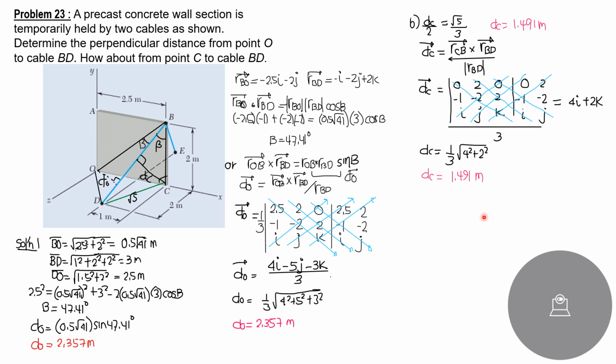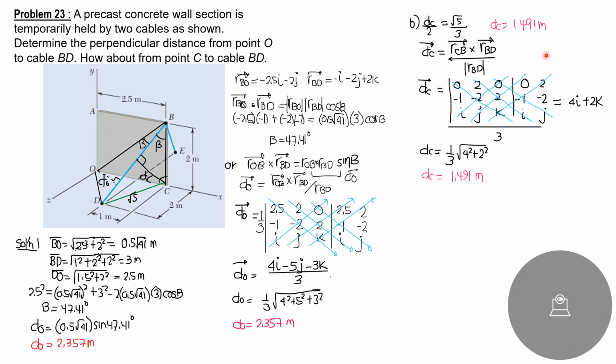And another way is we have to apply the cross product again. That is, we cross RCB with BD. Then the expansion, remember, is RCB times RBD times sine of, let us say, beta.